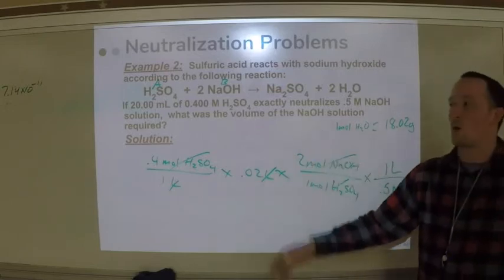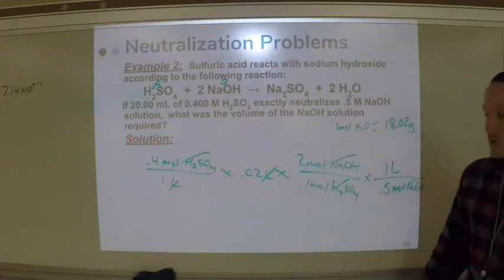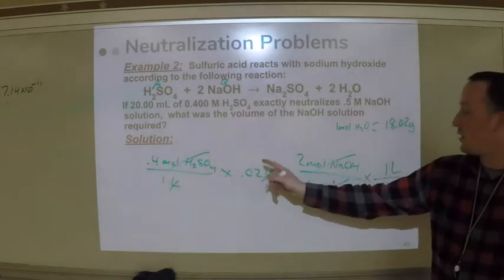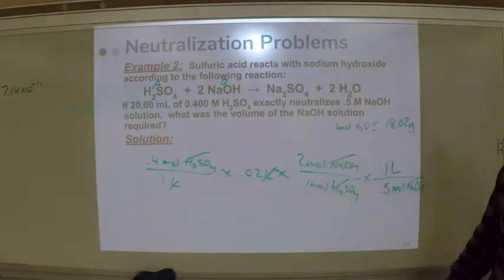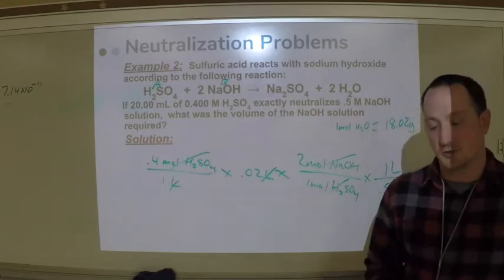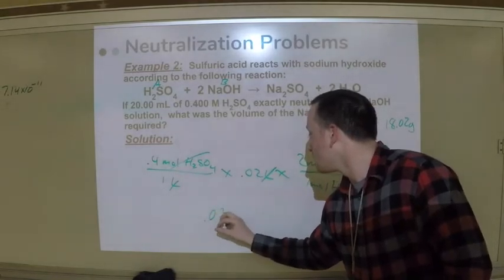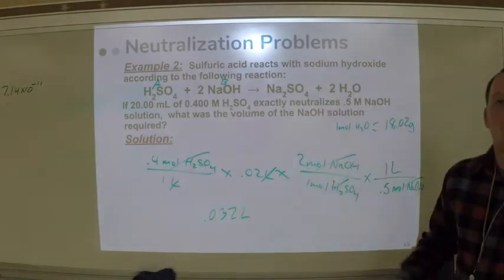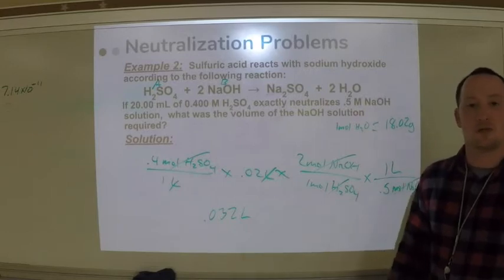And it said, what's the volume of NaOH solution? So this would be my liters. So what I'm going to do is take 0.4 times 0.02 times 2 divided by 0.5, and that will be the volume of my solution in liters. And I get 0.032 liters. Now, what if the problem had said, what's the volume in milliliters?